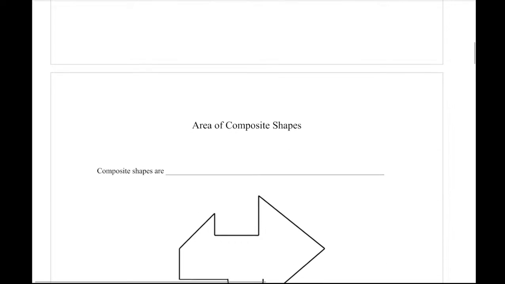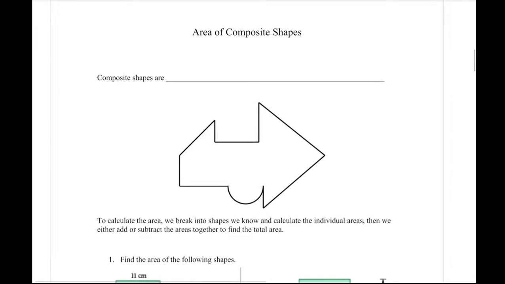So as we get into our standard lesson, the area of composite shapes, a composite shape is shapes that are made up of two or more geometric shapes.